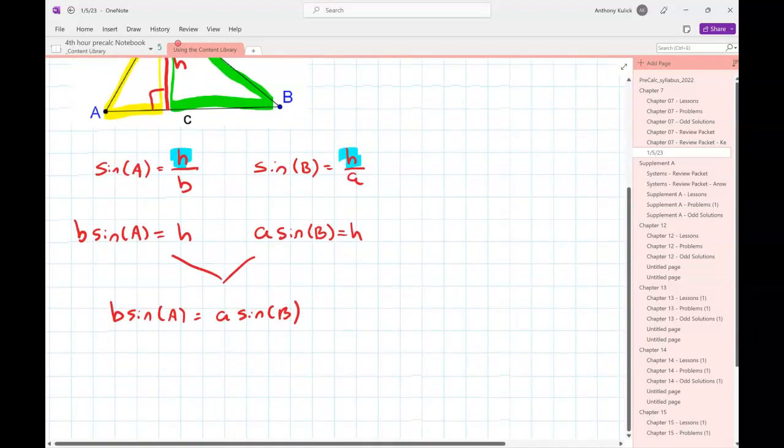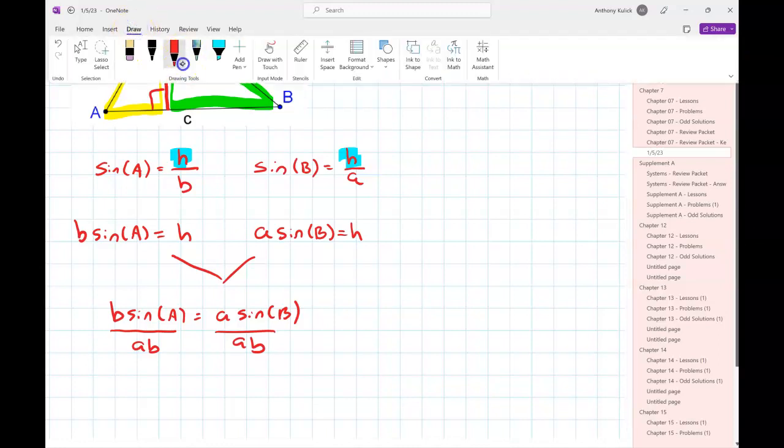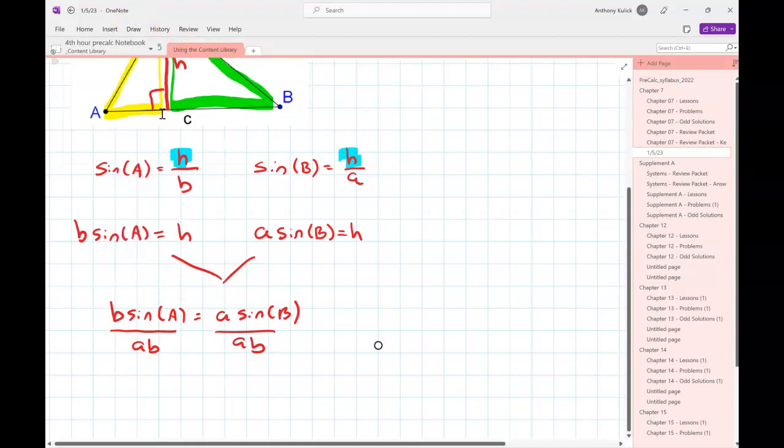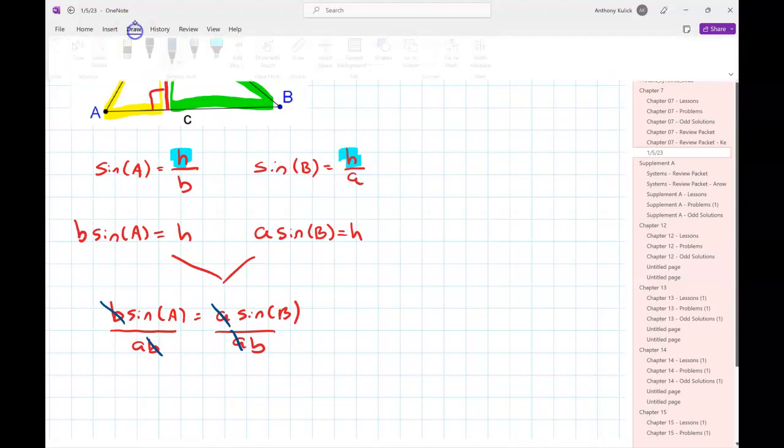And then my final step, I'm going to divide both sides by AB. So when I do that, the B's cancel on the left and the A's cancel on the right.